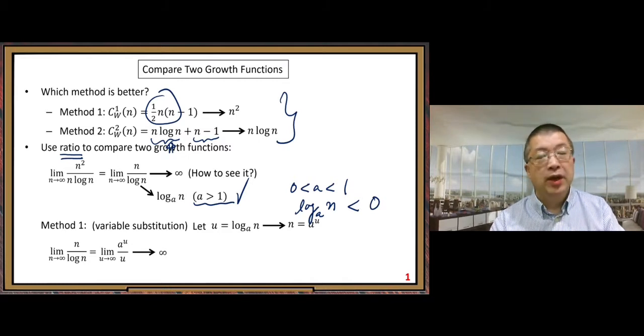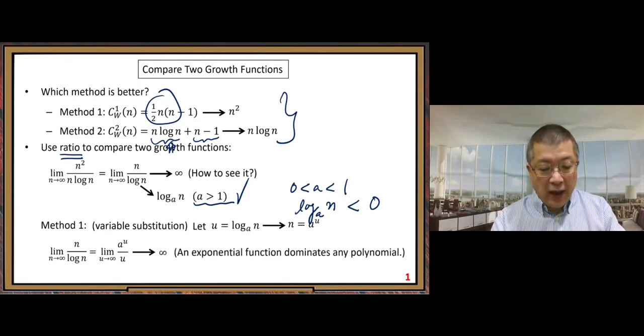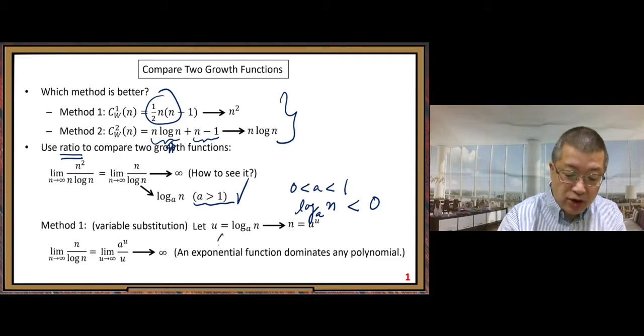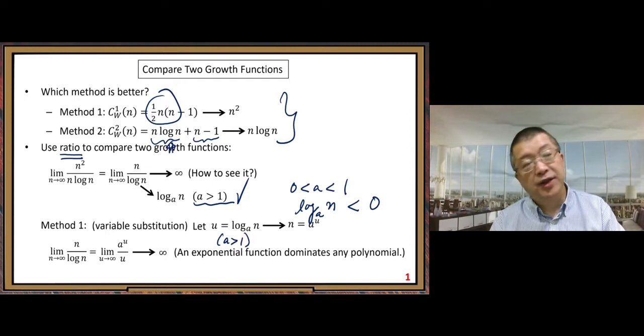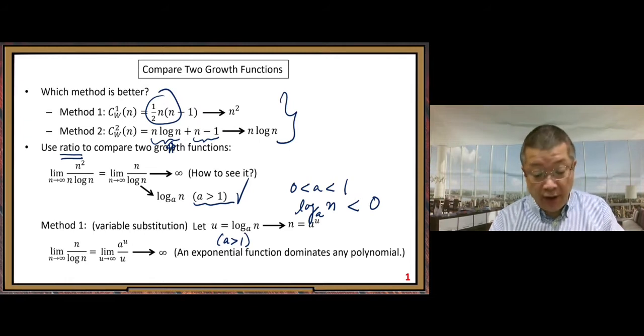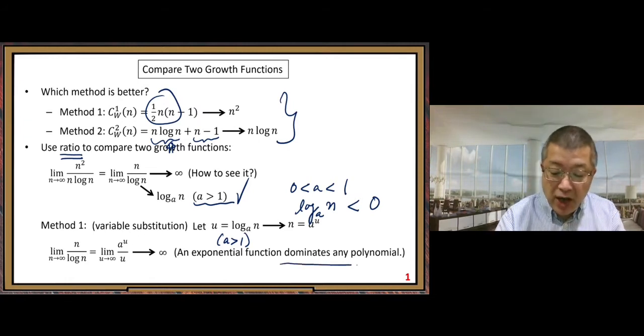Why? Here we use one famous fact. An exponential function a to the u, that's an exponential function, but this exponential function has base greater than 1. Otherwise, it will be different. An exponential function with base greater than 1 dominates any polynomial.